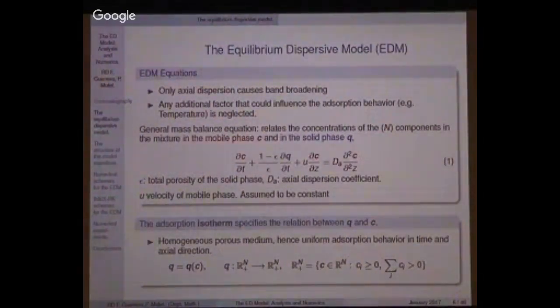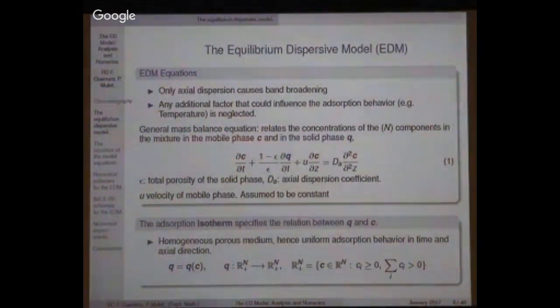So if you only take into consideration now in this talk that axial dispersion, in fact, diffusion, okay? So as you go down, things tend to broaden, okay?